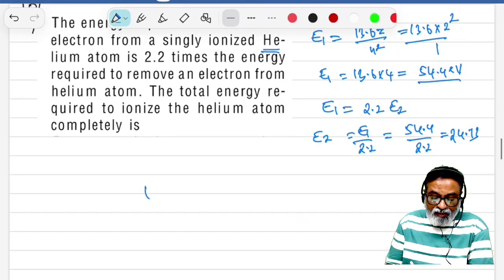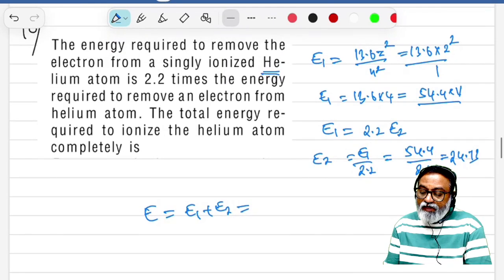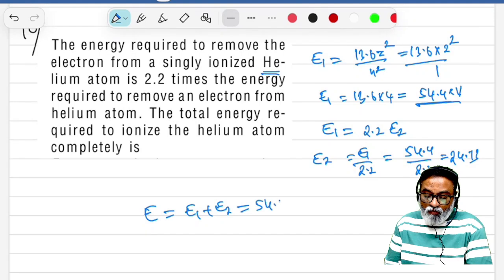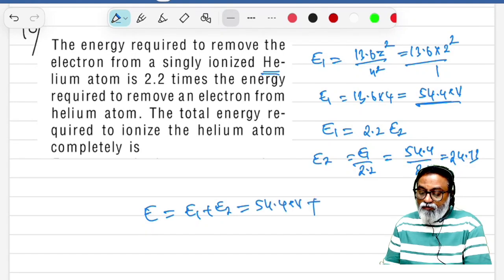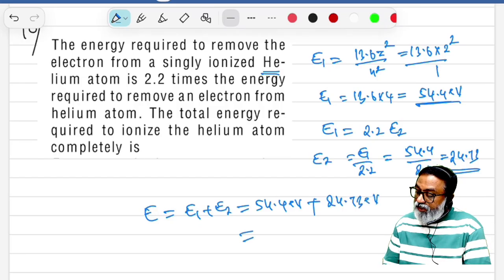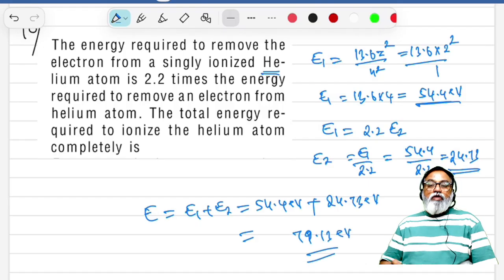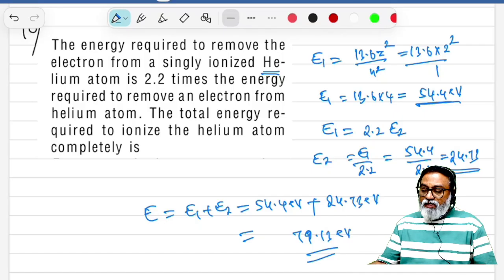Therefore, the total energy required to remove both electrons, E, is equal to E1 plus E2. First electron removing energy is 54.4 electron volts. For removing the second electron, it is 24.73 electron volts. Therefore, the total is 79.13 electron volts. This is the total energy to remove both electrons from the helium atom.